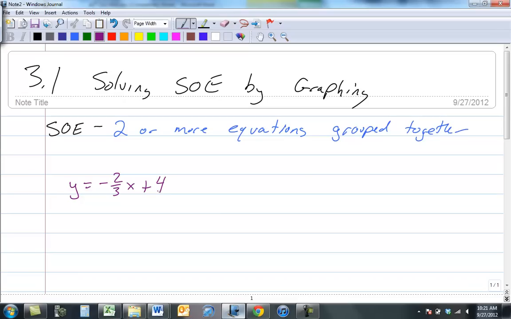We can't solve this on its own because it has two different variables. Since there's two variables, we would need two equations. So another equation would be y is equal to x plus 9. This is a system of equations.